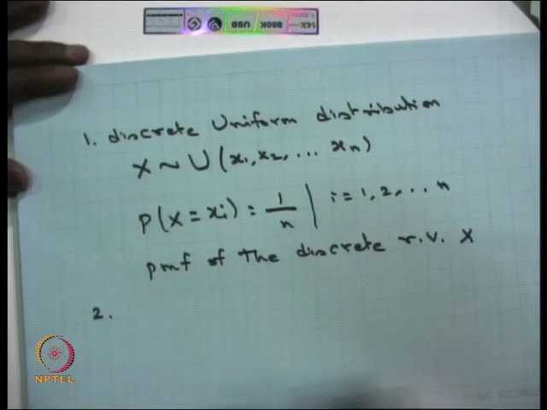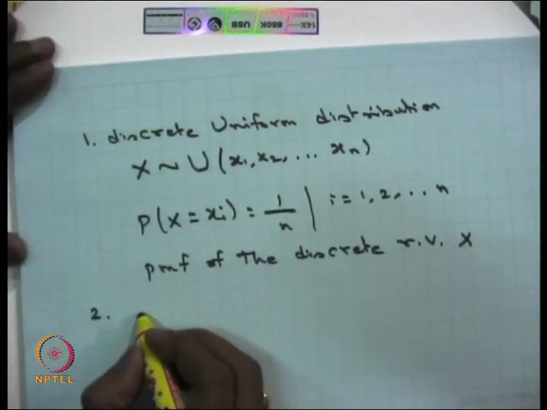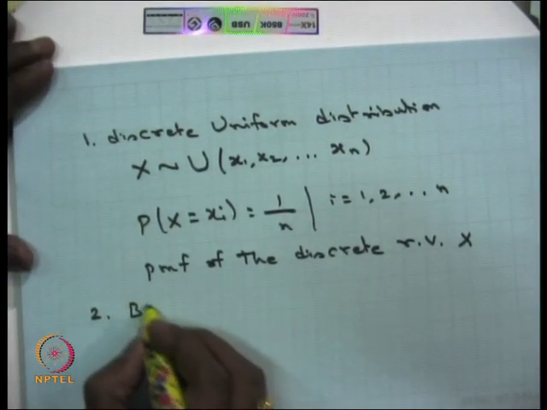The second one, in the discrete case, is the binomial distribution.